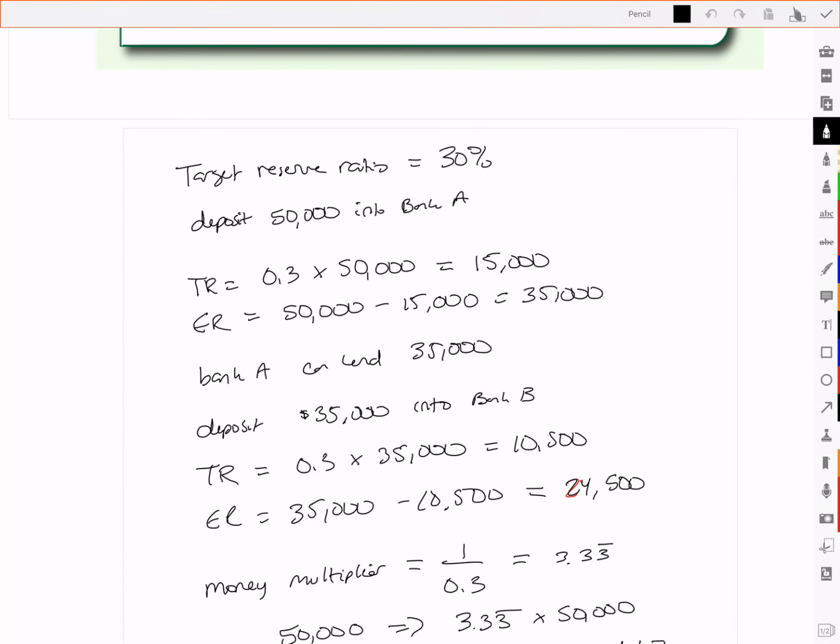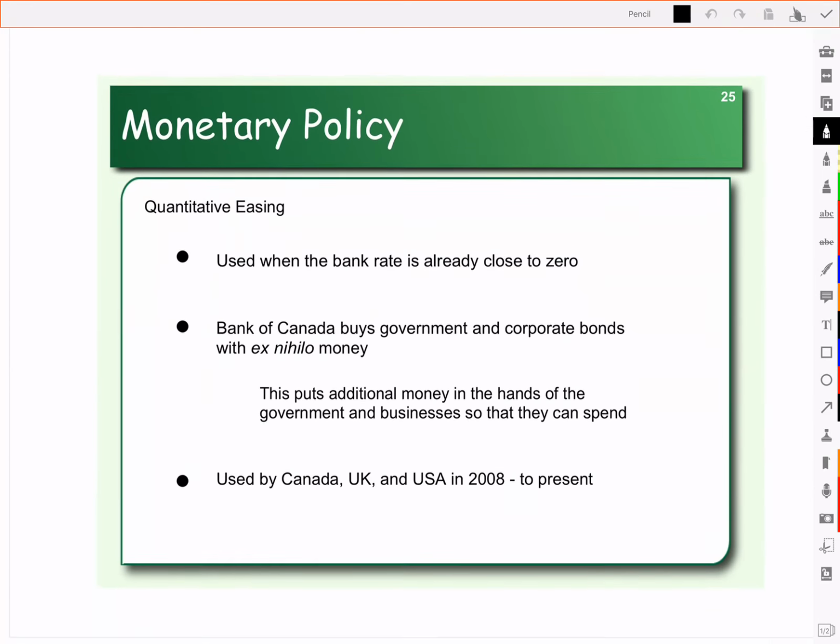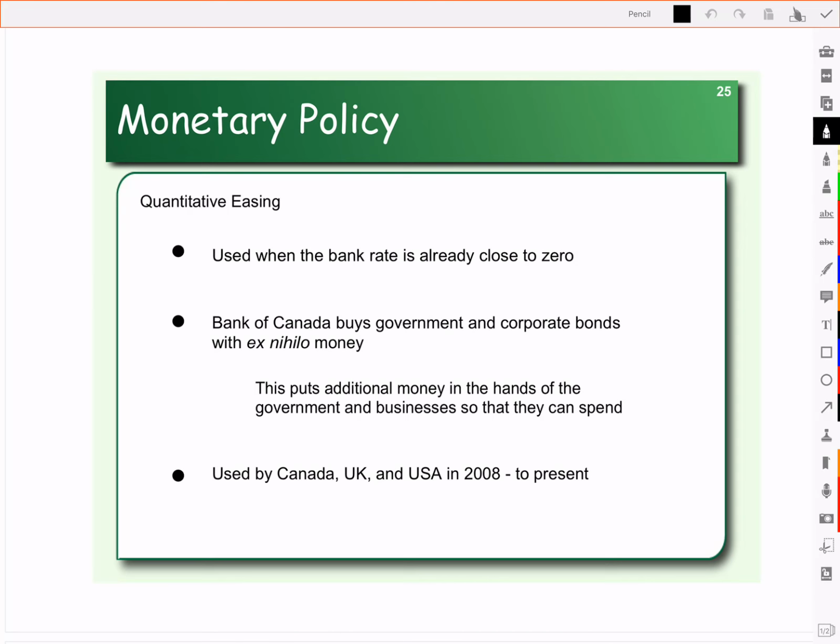And quantitative easing, we use, of course, when the bank rate is already close to zero, our target reserve is already low. And this is when we are creating what's called ex nihilo money. Ex nihilo money means out of nothing.